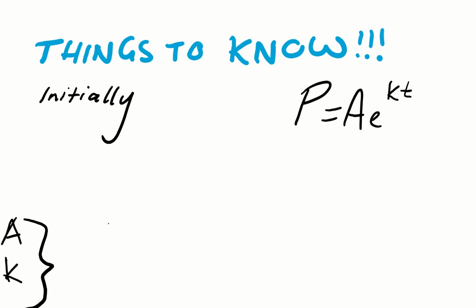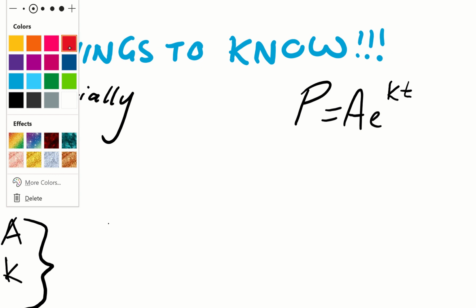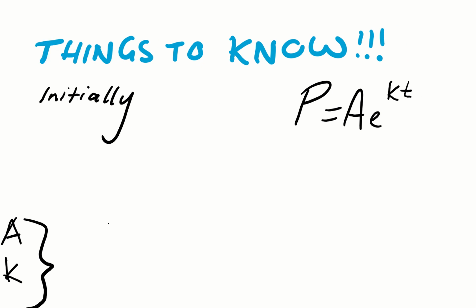First things first, and this is just for the entire applications of calculus to the physical world topic, just knowing initially is at time is 0. Very, very common question. Second thing to know is our applications of calculus questions on exponential growth and decay are always in the form of P equals Ae to the kt.